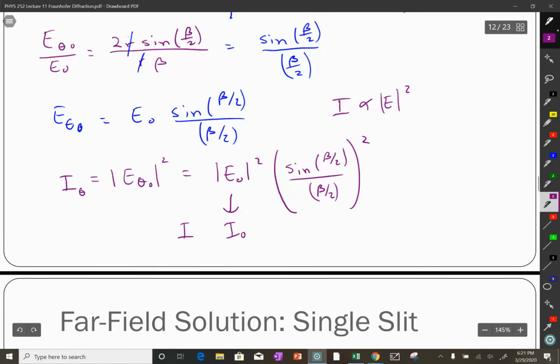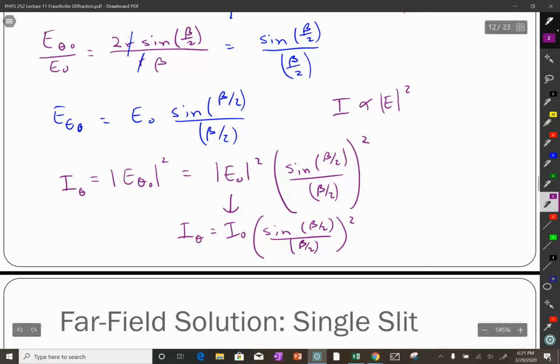So we have I for theta is equal to I0 times sine beta over 2 over beta over 2 quantity squared. So that's the intensity as a function of angle.